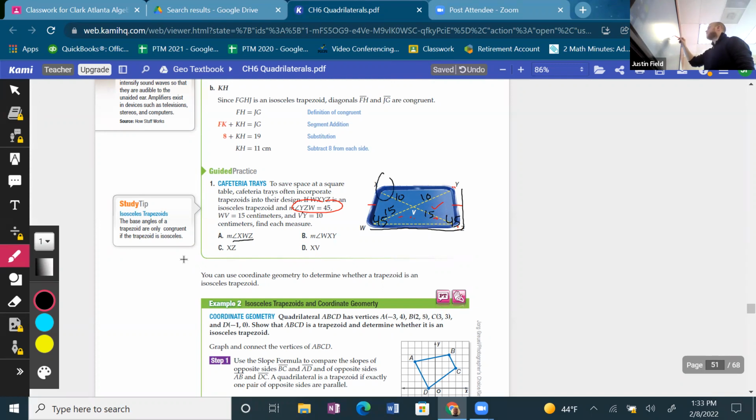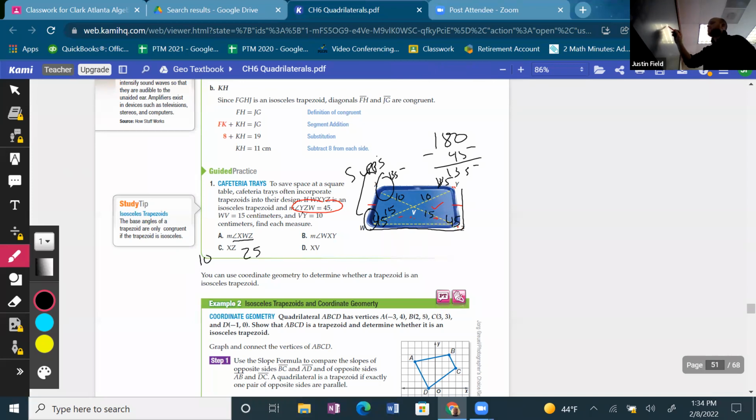Okay, so these two angles are supplementary. They're same side interior. So 180 minus 45 is going to be 135. Really does not look like it should. XZ is going to be 25 if you add the 10 and the 15 together. And XV is 10.